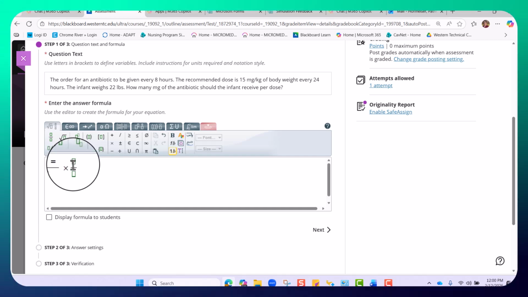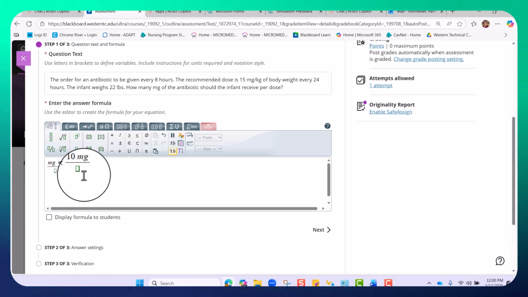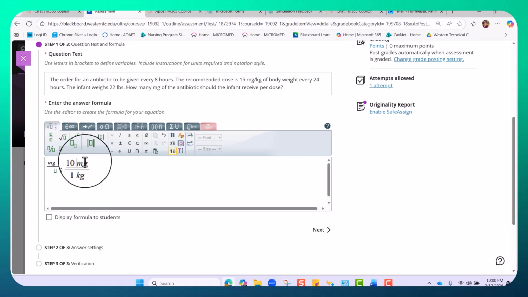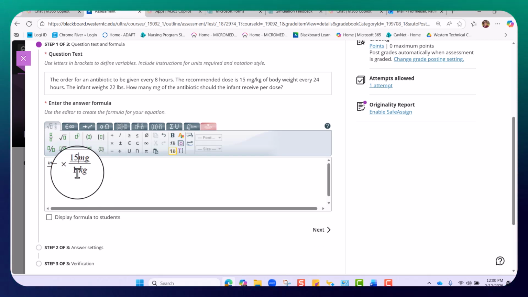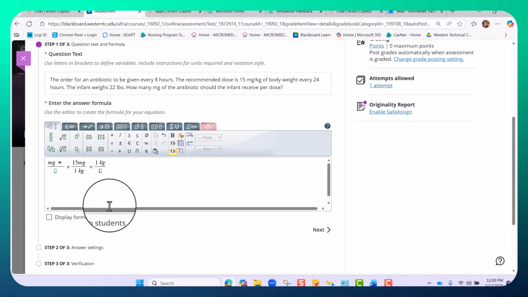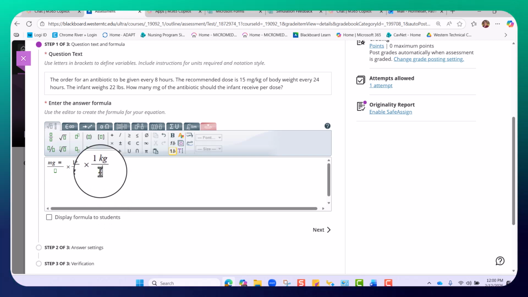The next one would indicate I need 10 milligrams in the numerator position and 1 kilogram per, wait, I'm sorry, I was looking at a different problem. 15 milligrams over 1 kilogram, multiplication, fraction, and that's 1 kilogram over 2.2 pounds, which is my conversion.